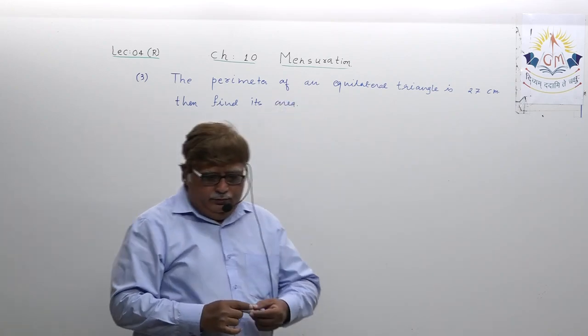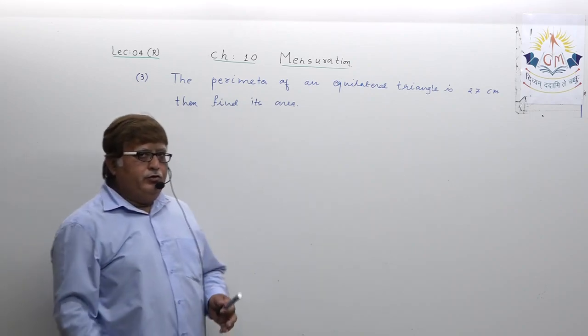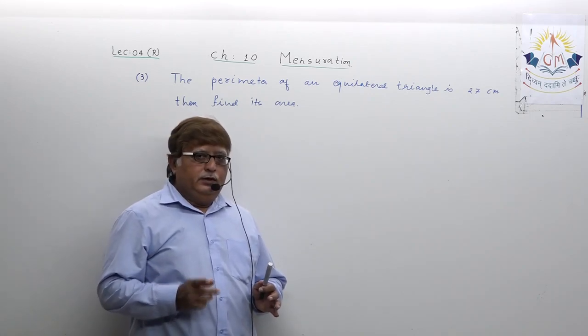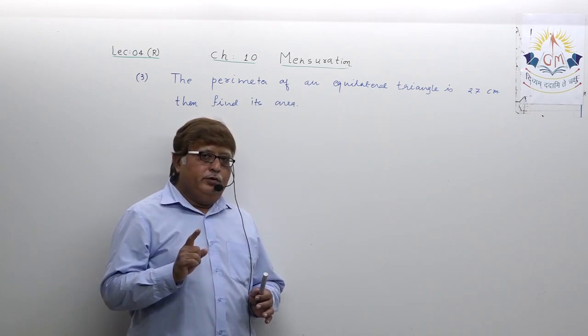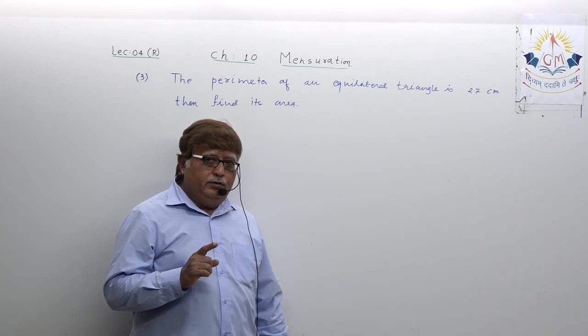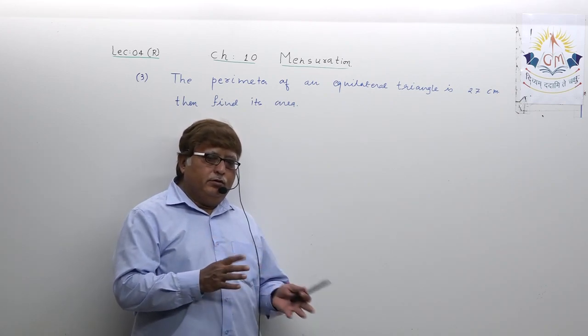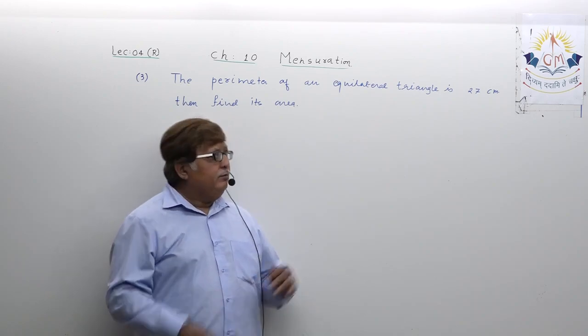Look at this. The sum is contradictory to the previous two which you have solved. In the previous two examples, area was given and you were looking for the perimeter. This is a total contradiction to that.